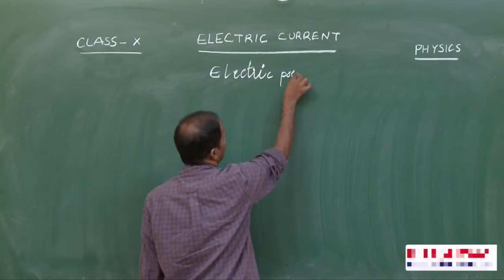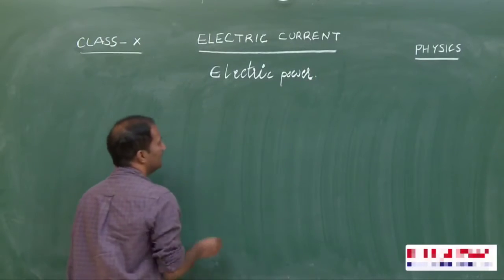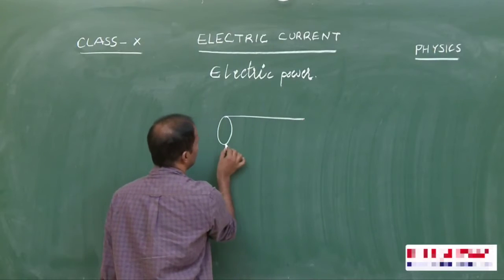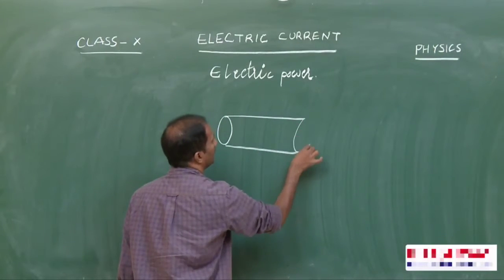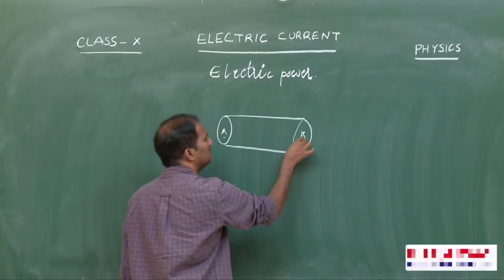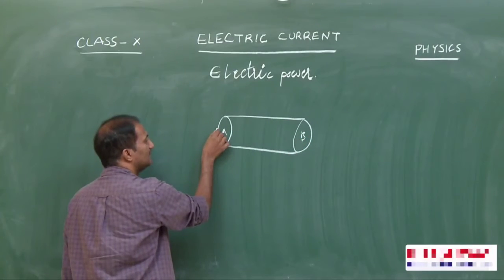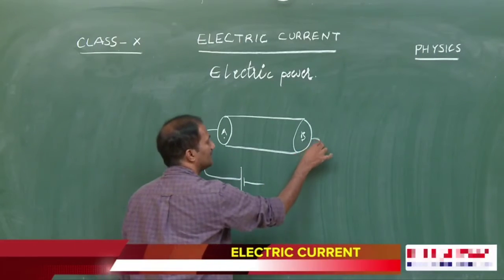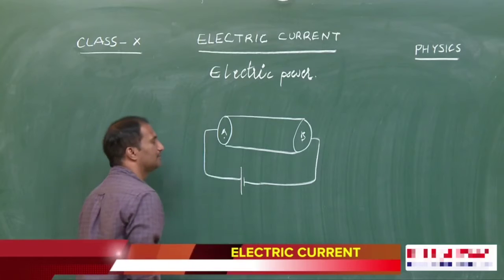Electric power. Let us consider a conductor whose two ends are A and B. Now this conductor is connected to the two terminals of the battery, that is the positive terminal and the negative terminal.